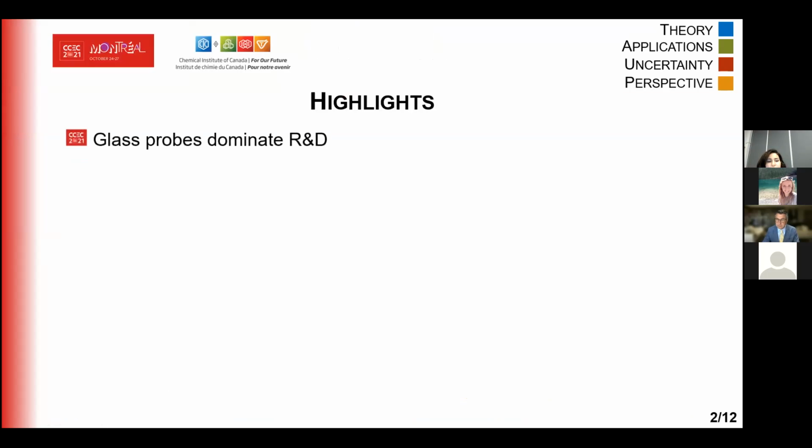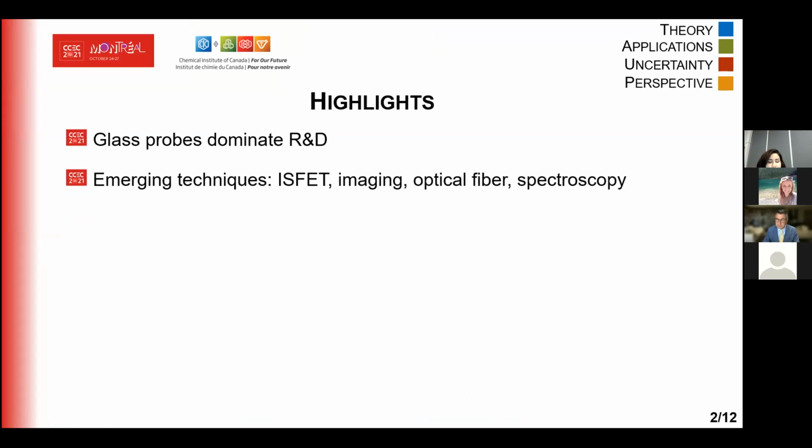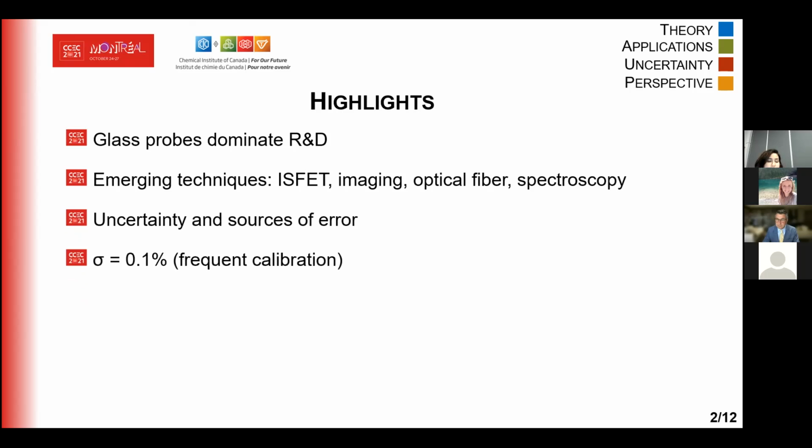So today I want to talk about glass probes that dominate R&D, emerging techniques, including ISFETs, imaging optical fibers and spectroscopy, and uncertainty and sources of error that might occur during pH measurements and during the experiments with a glass electrode. The standard deviation approaches 0.1%, but frequent calibration was required. And Web of Science indexed 20,000 articles in 2020, which indicates the importance of pH.